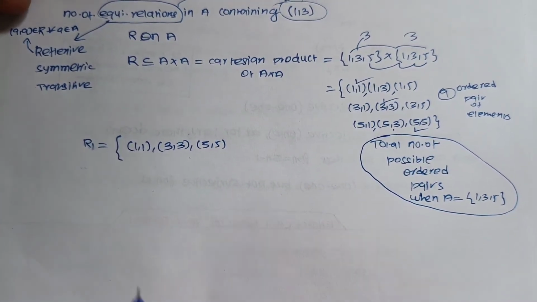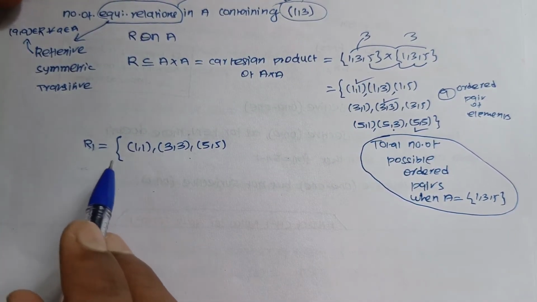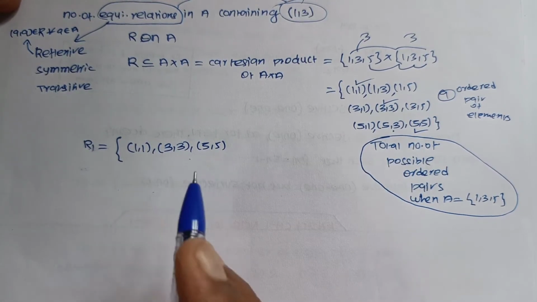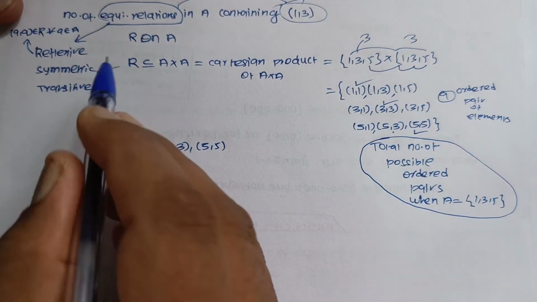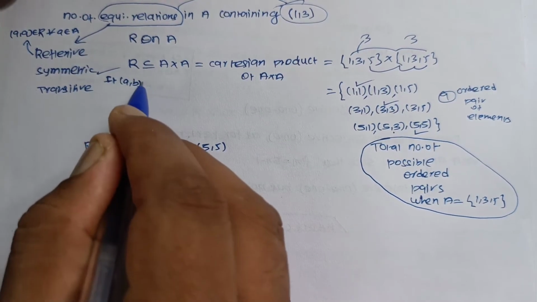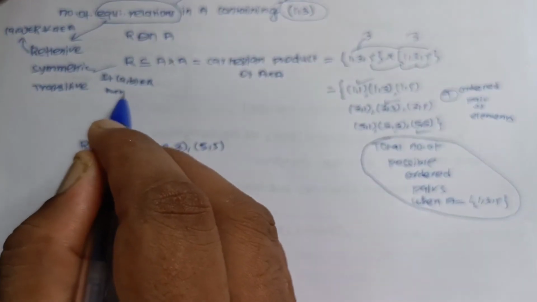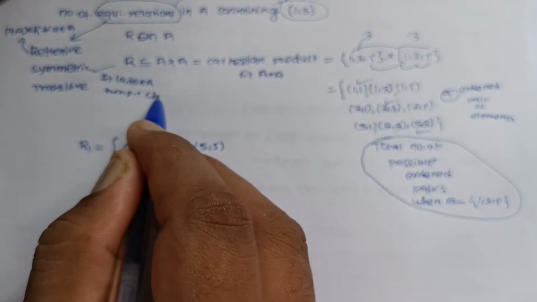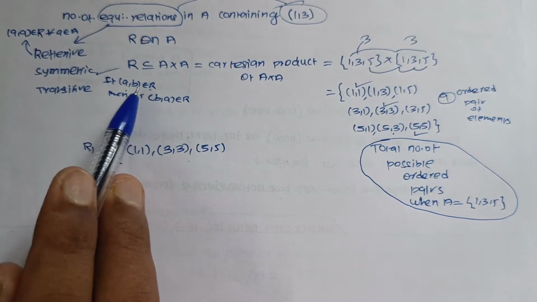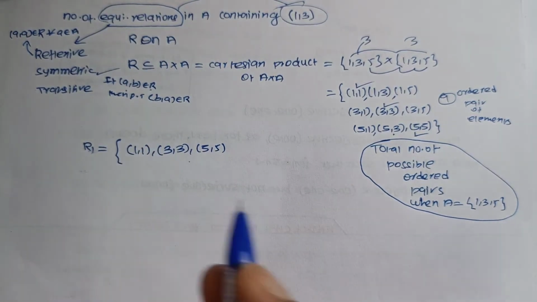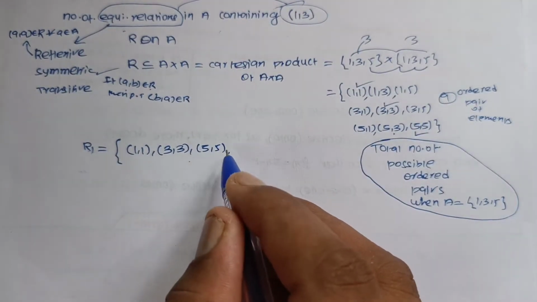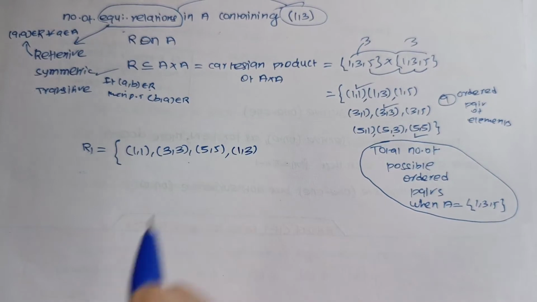So R1 is reflexive because it contains (1, 1), (3, 3), and (5, 5). Then we need to prove symmetric. For symmetric, if (a, b) belongs to R, then check that (b, a) belongs to R. They are asking for an equivalence relation containing (1, 3), so we take (1, 3).